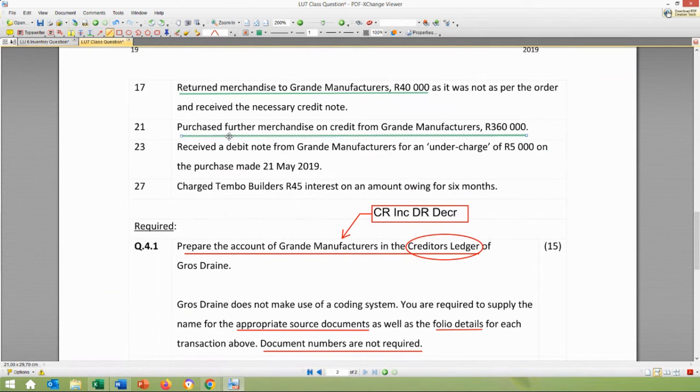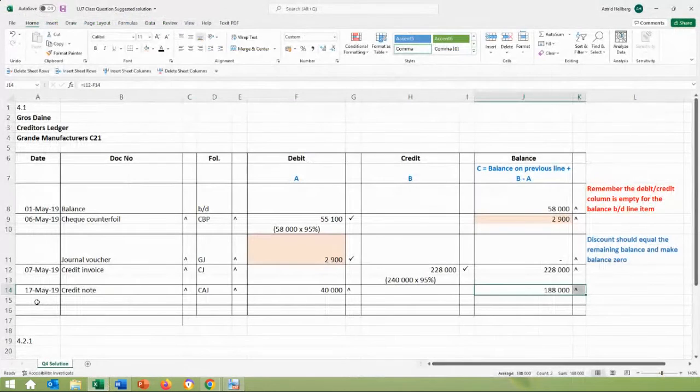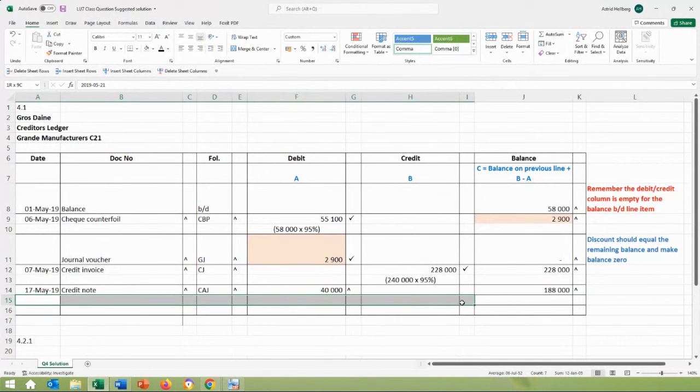Okay, so when you purchase something on credit, it goes to your creditors journal, and we have a credit invoice, and it would increase our creditors. So we're going to credit the account with 360,000, and we add it to the 188,000 to give us a new balance of 548,000.